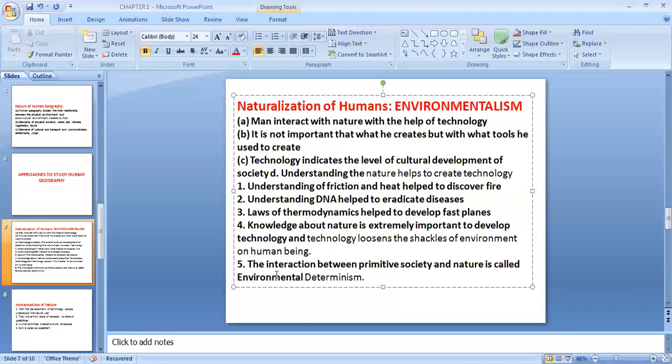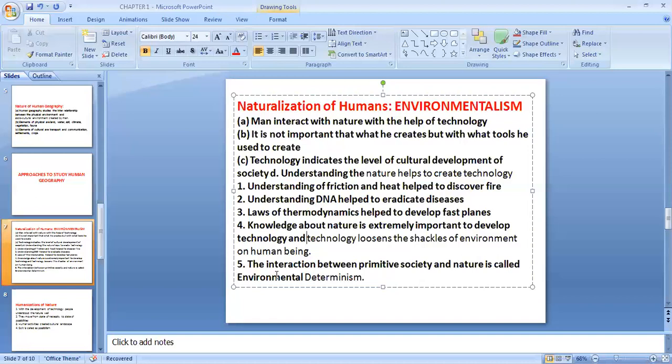This approach was given by Greek and Roman scholars, and they made major contributions towards the naturalization of human. Scholars like Hippocrates, Aristotle, Herodotus, Strabo, all of them contributed a lot towards the naturalization of human or humanization of nature.